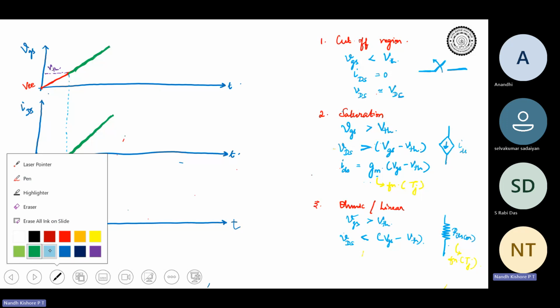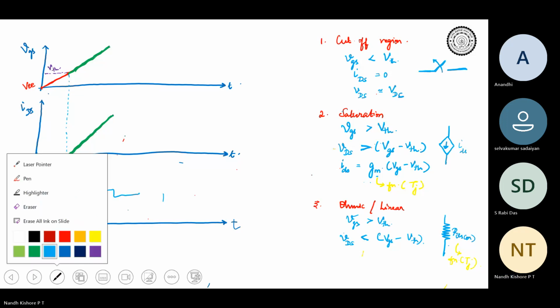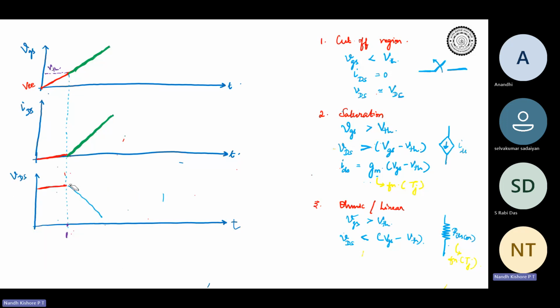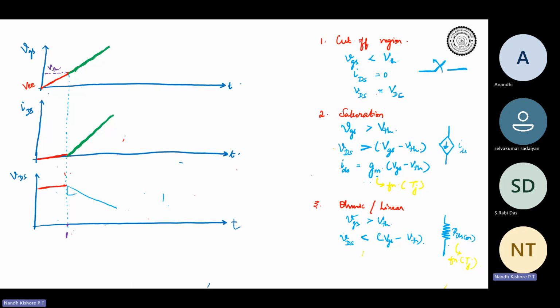If I draw it, will it be like this or like this?